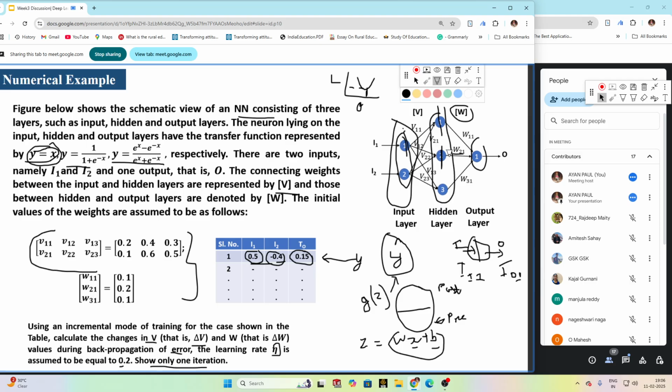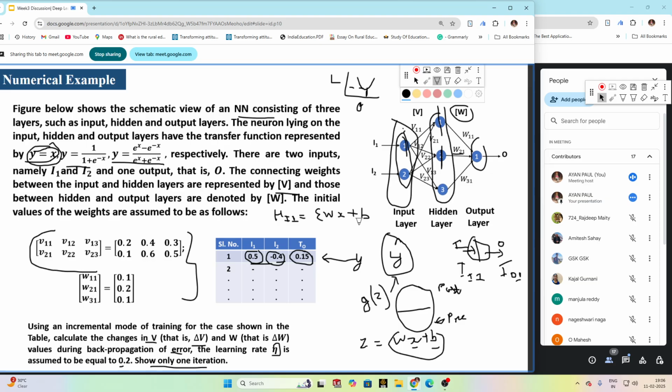Similarly HI2, HO2, HI3, HO3. Let's calculate HI1. HI1 will be equal to the summation of weight into input plus bias.